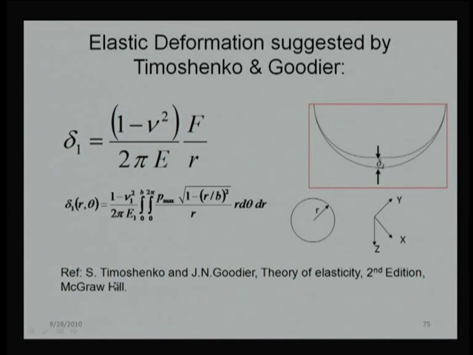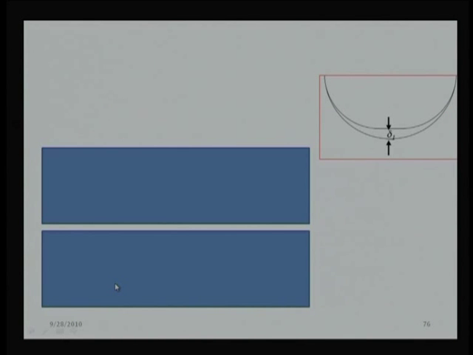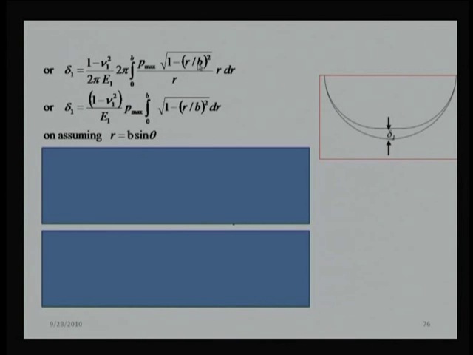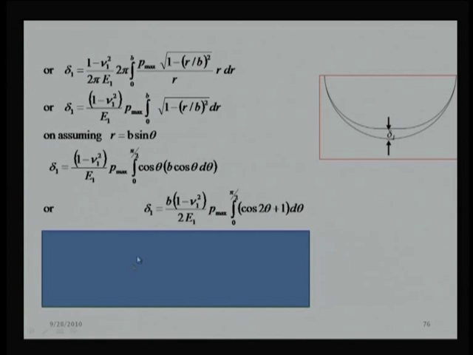One reference is given over here. Now, when we substitute and rearrange the equation, what we get in the integration bracket is the root of 1 minus (r by b) squared, dr. We can substitute r as b sin θ, simple, to get the value of the integration. When we substitute here and rearrange, we get this term in the form of cos 2θ plus 1. We have done this earlier, but here I have written it in a more explicit form.